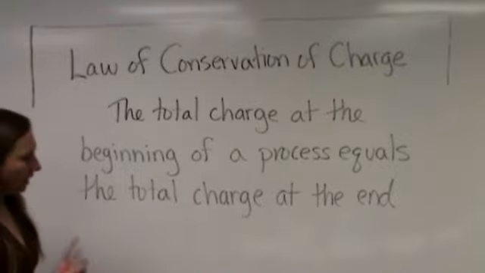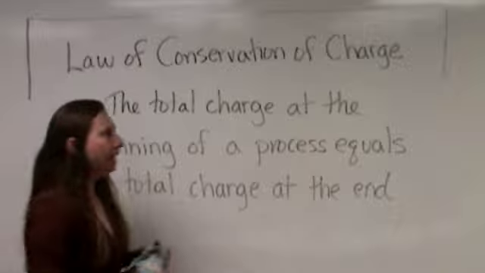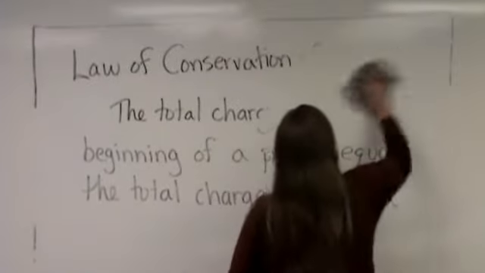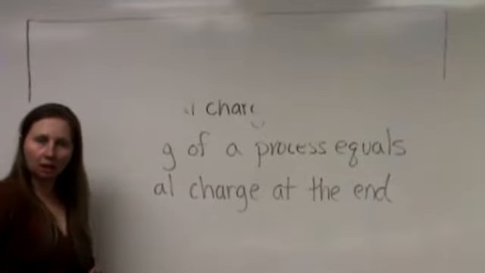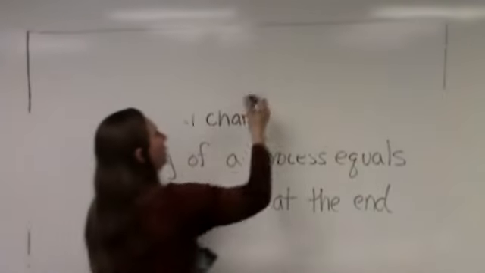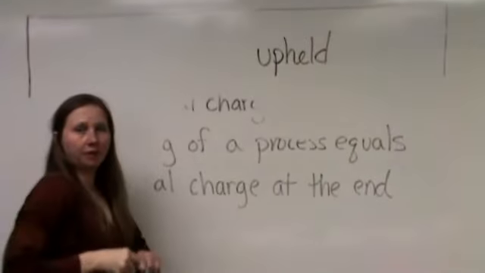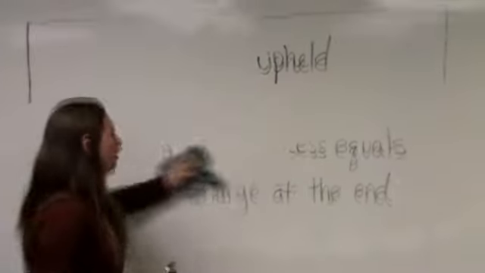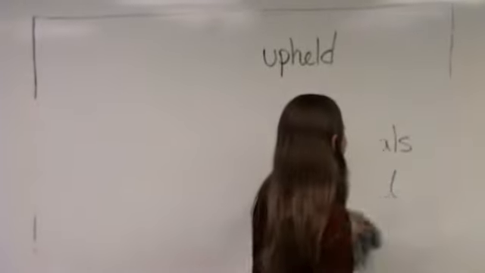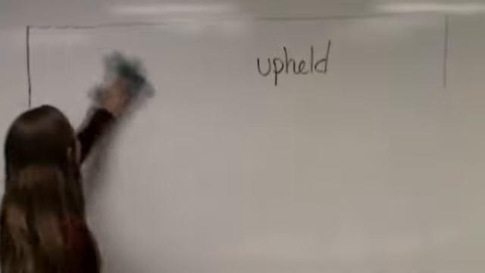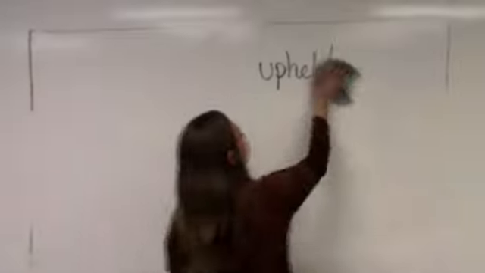All right. Now, let's see how this is fine for a proton and an antiproton. How is the law of conservation of charge upheld? The word upheld means that the law of conservation of charge is proved to be correct. And it has to be because it's a universal law that does not get violated. It's something that happens in nature all the time.